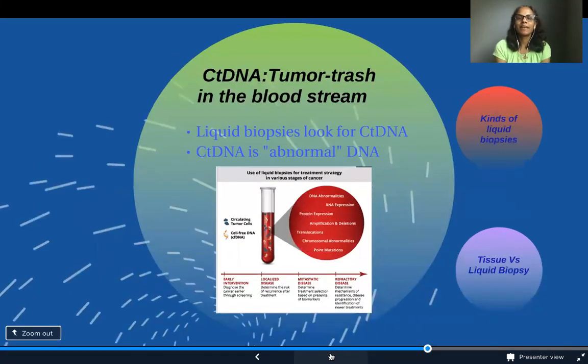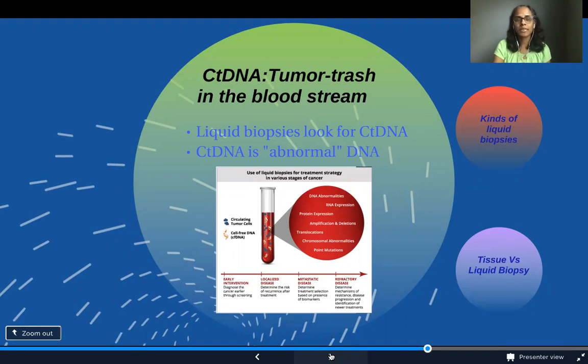So recently I heard this talk from Dr. Marshall, and he called ctDNA tumor trash in the bloodstream. So all cells turn over in our body, and as a result, they shed pieces of their cellular DNA into the bloodstream.